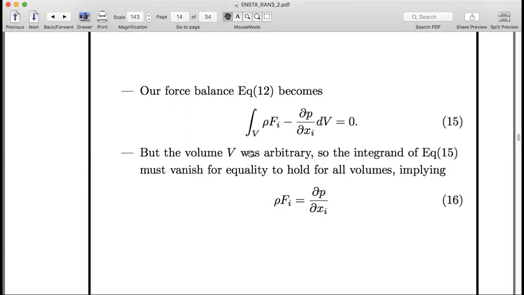So now I'm going to make one of those simple statements where there's actually a lot behind this. I'm sure mathematicians have argued for hours about this, but it turns out that because this volume is arbitrary, this equation implies that the integrand has to equal 0.